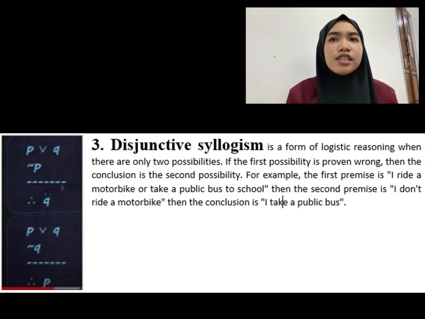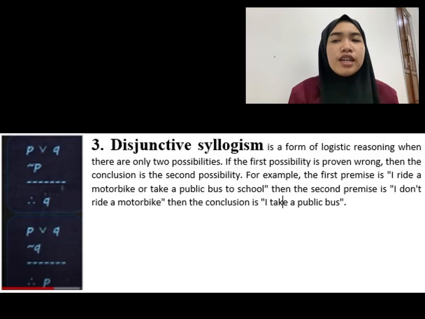Disjunctive syllogism is a form of logical reasoning used when there are only two possibilities. If the first possibility is proven wrong, then the conclusion is the second possibility.